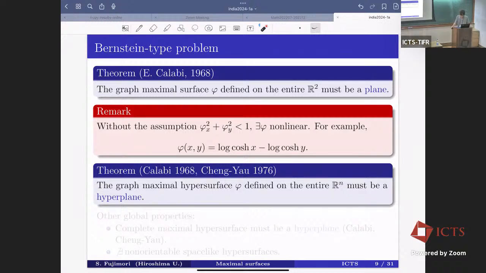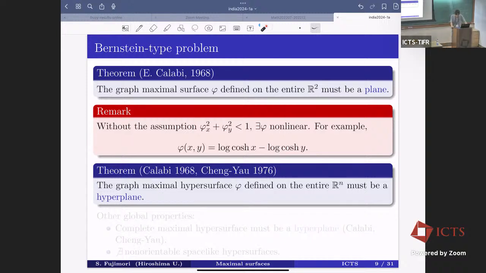In the minimal hypersurface case, Bernstein proved that the n equals 2 case must be a plane. And then later, for n equals 3, 4, 5, 6, 7, the same result holds. But for n equals 8, there is a counterexample, which is not a hyperplane but satisfies the minimal surface equation.